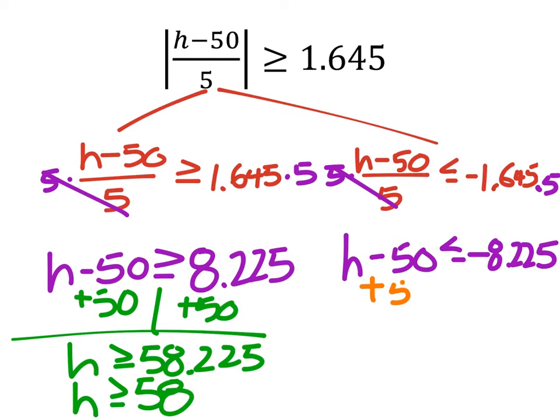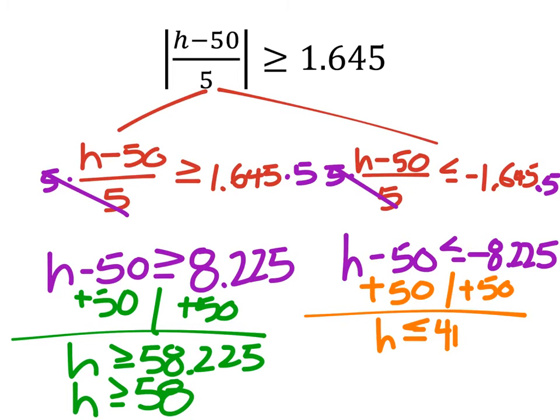So we're still going to add 50 to this. So plus 50 to both sides, and h now could be less than or equal to, let's see what this is on the calculator. Negative 8.225 plus 50 is 41.775.